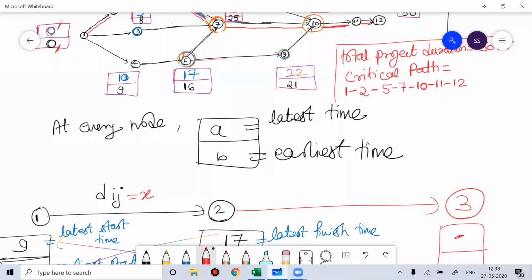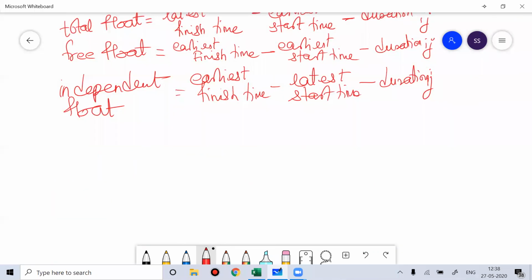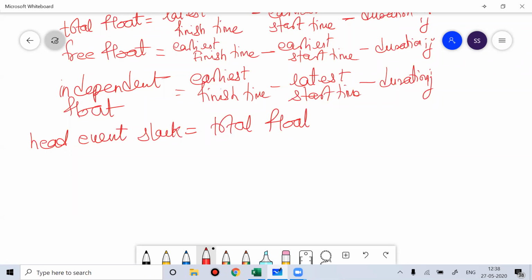And tomorrow, along with total float, free float, and independent float, we'll use one more term called head event slack. Head event slack basically means total float minus free float.